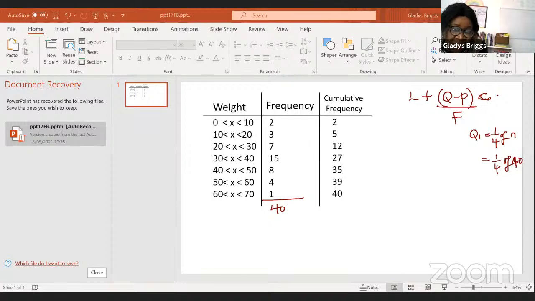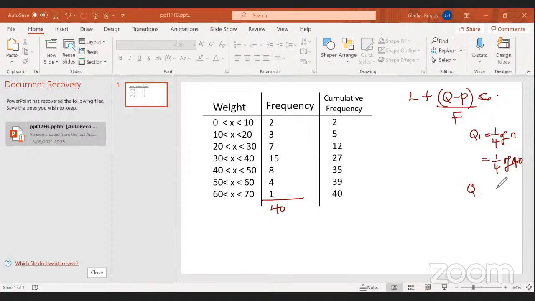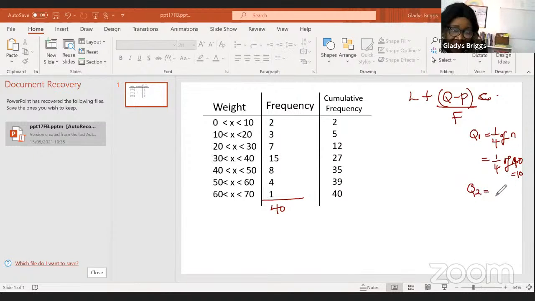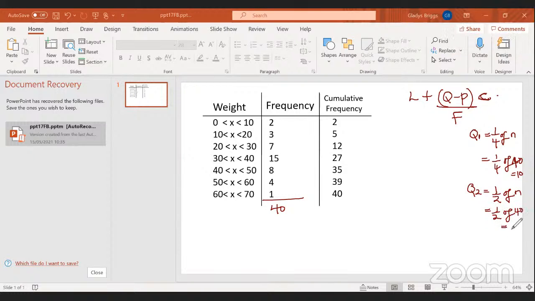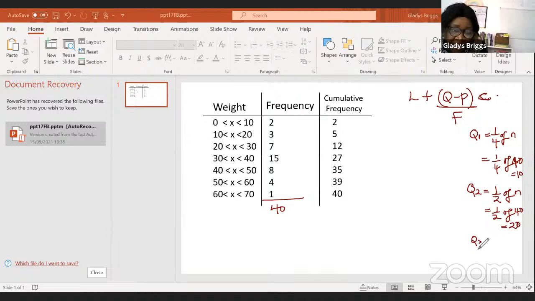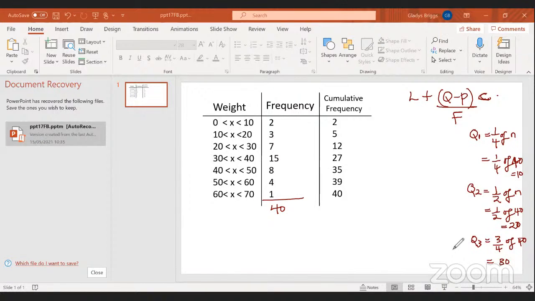What's 1/4 of 40? 10. Q2 is equal to half of N, which is half of 40, 20. Q3 is equal to 3/4 of 40, which is equal to 30.